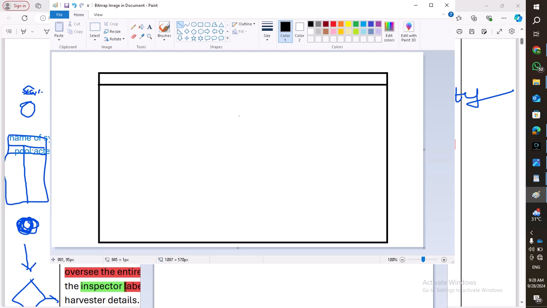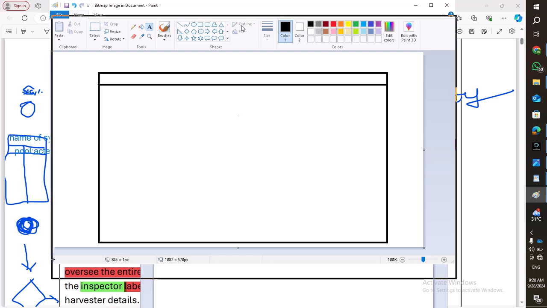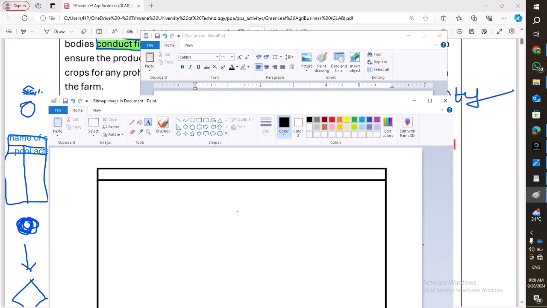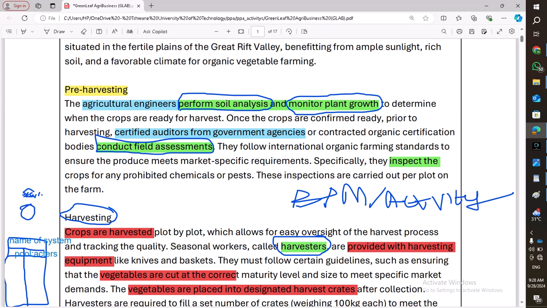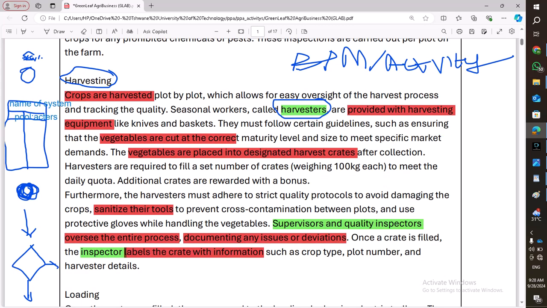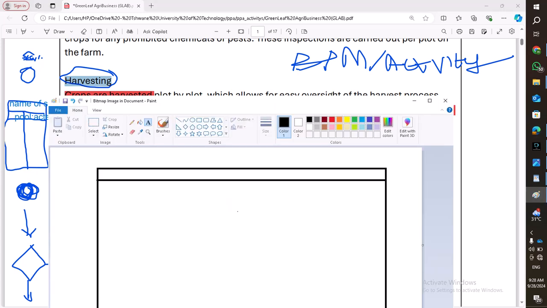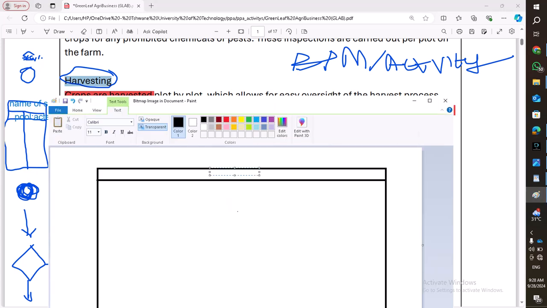pool will be harvesting. I don't know if you can see it. Let me make it.